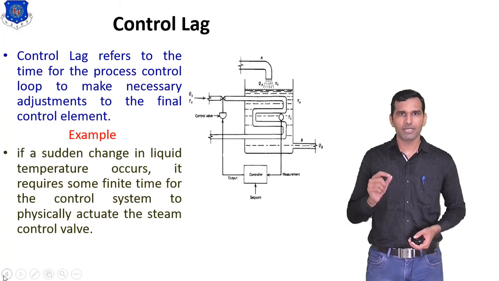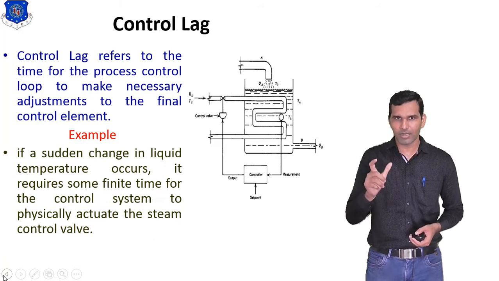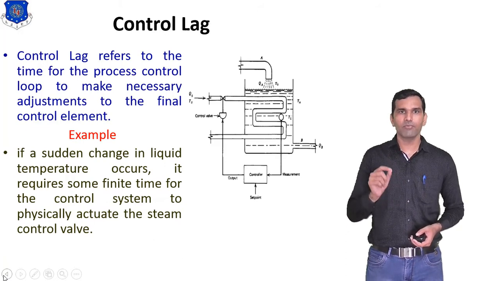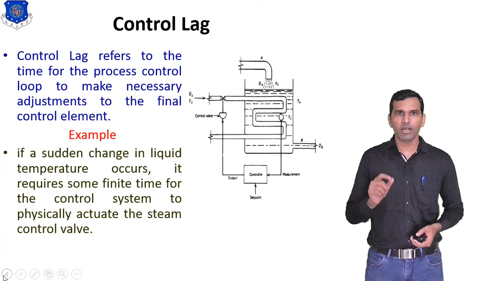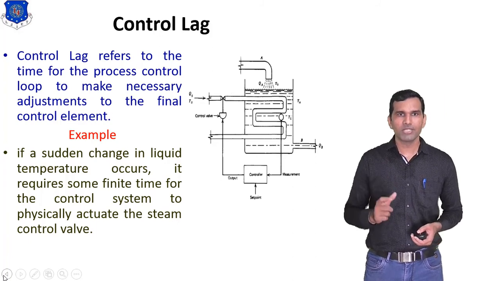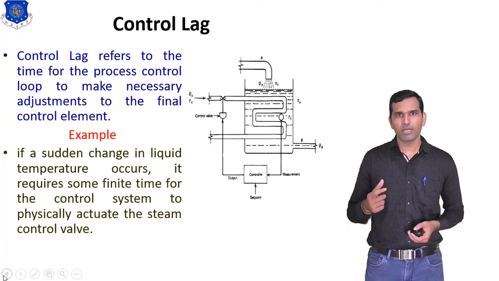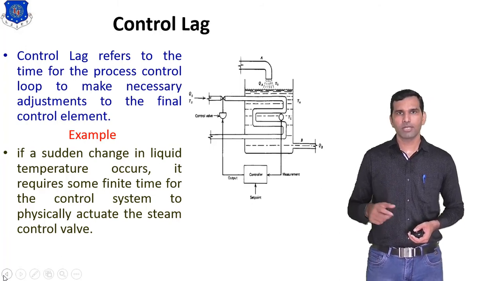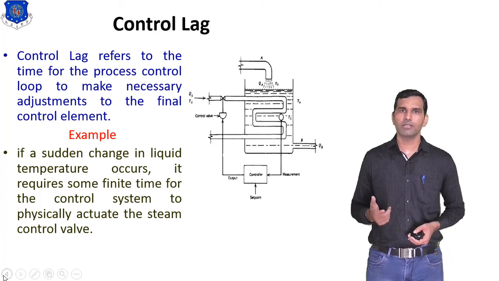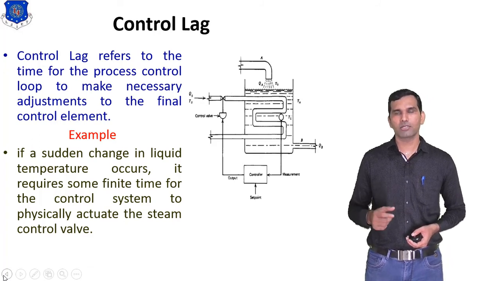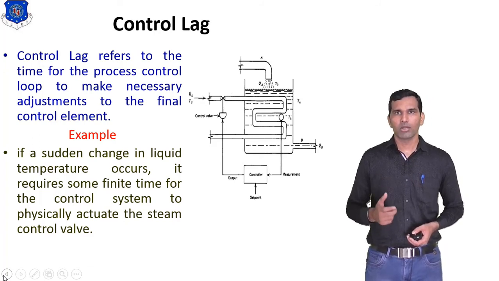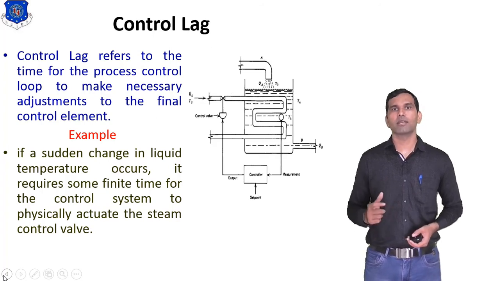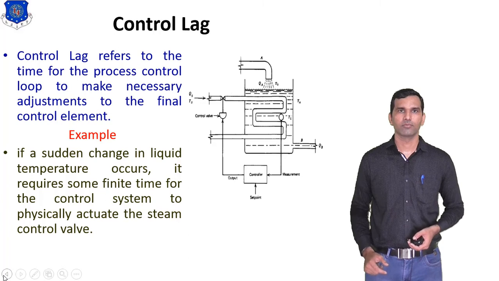If a sudden change in a liquid temperature occurs, it requires some finite time for the control system to physically activate the system control valve. So that means if there is a sudden change in the temperature, then the controller requires some time to take controlling action. This time delay is known as the control lag.